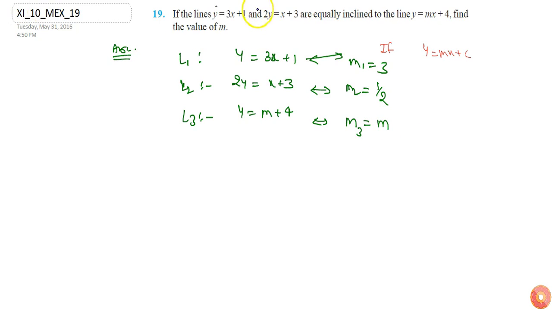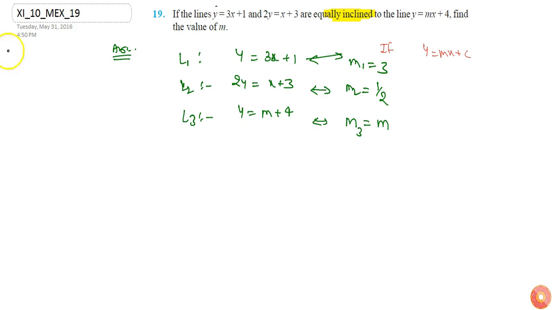Now it is given that the lines y equals 3x plus 1 and 2y equals x plus 3 are equally inclined. Equally inclined means the angle between the lines y equals 3x plus 1 and y equals mx plus 4 is the same as the angle between the lines 2y equals x plus 3 and y equals mx plus 4.